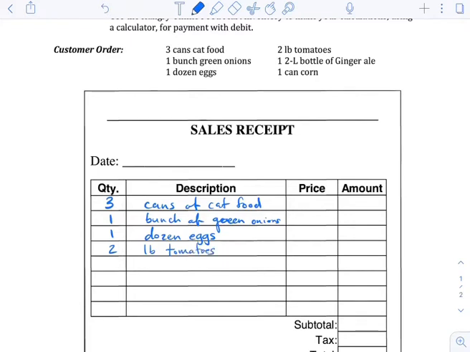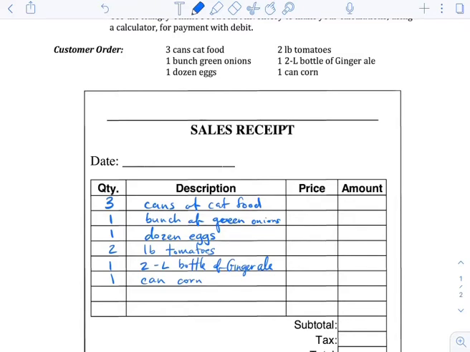And next, 1 2-liter bottle of ginger ale. And 1 can of corn. So we're going to find these items on our list.